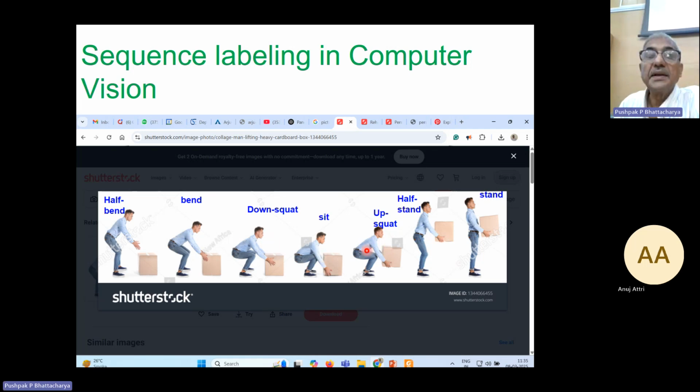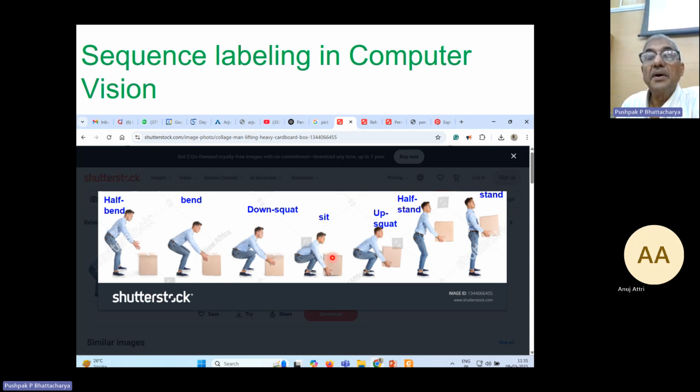State to state, there are transitions. And from sit, the probability of transition to down squat is zero, almost zero. Okay. But the probability of up squat is very high.